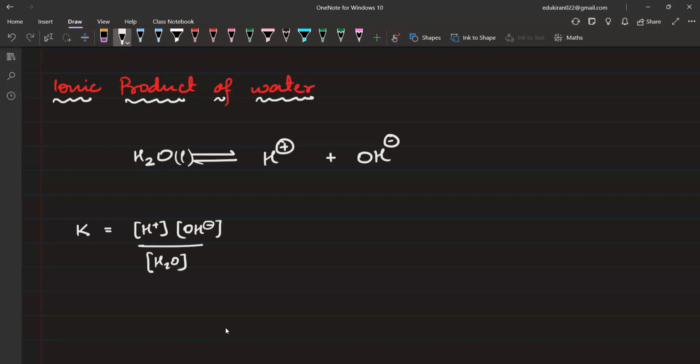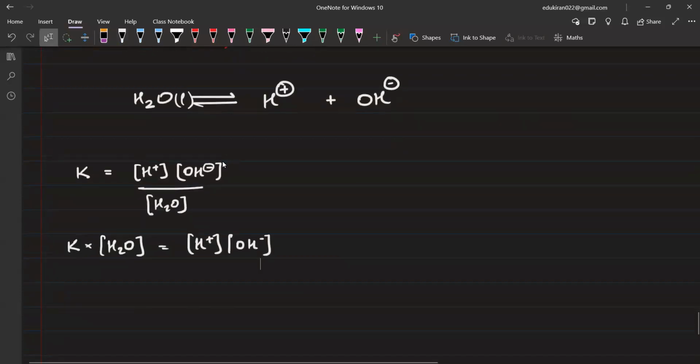Because concentration of water is not going to change. तो इसको इधर भेज देते हैं, because all the constants should be at one place. Then you get K multiplied by the concentration of H2O. K is also a constant, concentration of H2O is also constant. It will be equal to H plus into the concentration of OH negative. And this K into H2O actually becomes Kw, which gives you the ionic product of water, H plus into OH negative.